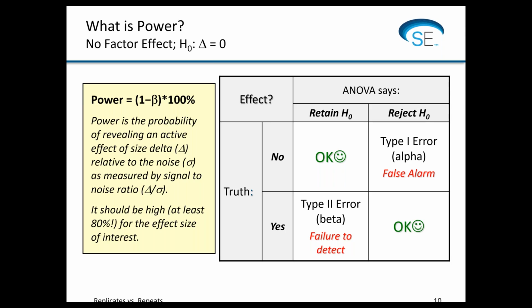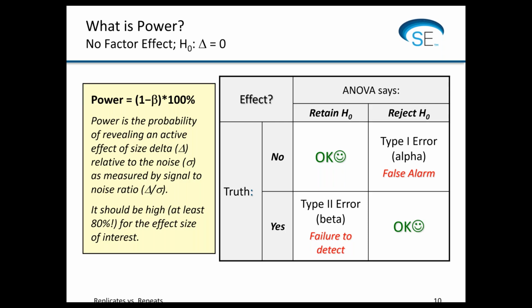Okay, let's say there really is an effect. So the truth is, yes, changing factor 1 from the low level to the high level created a change in the response. Now, if we reject the null hypothesis, that's good. That's what we wanted to do. There was a real effect, and we said there was a real effect. But what if we don't reject the null hypothesis? Okay, that's called a type 2 error, and that's measured by beta.